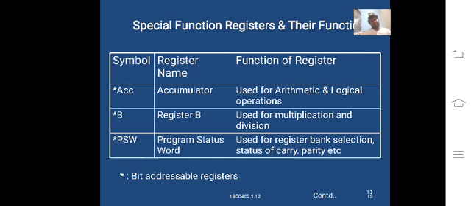The symbol ACC, the name of the register is accumulator, used for arithmetical and logical operation. Arithmetical means addition, subtraction, multiplication, etc. Logical operations mean, as we already know from digital electronics, AND operation, OR operation, NOT operation, NAND operation, NOR operation, XOR, XNOR.